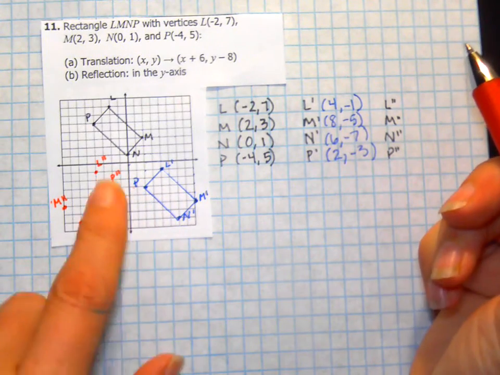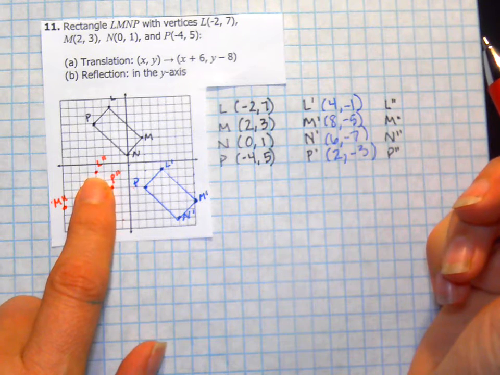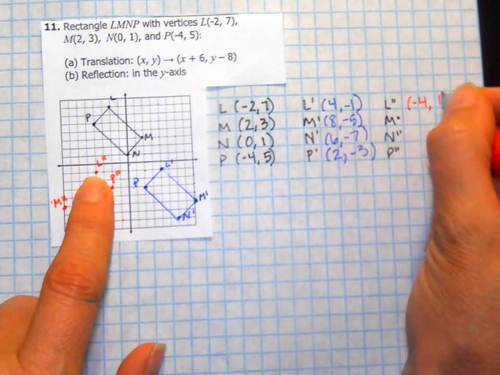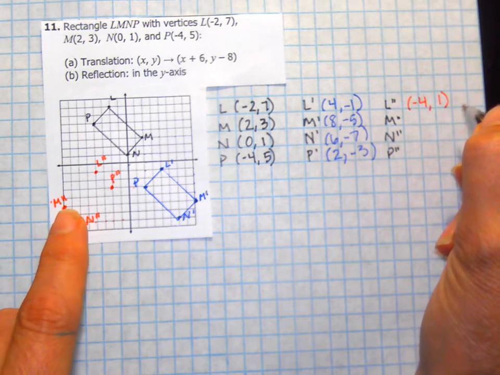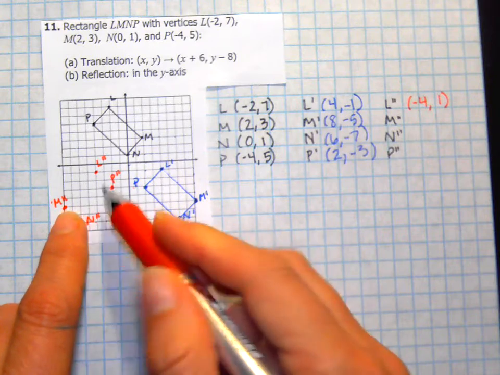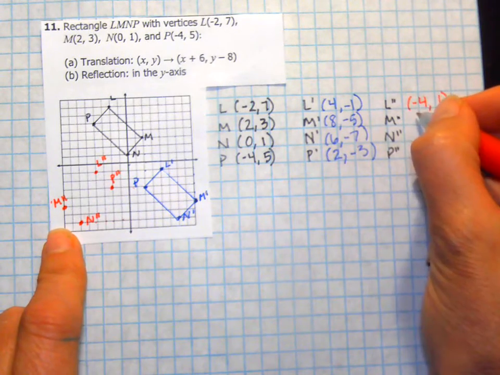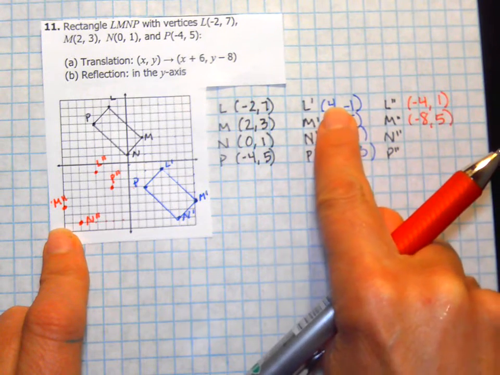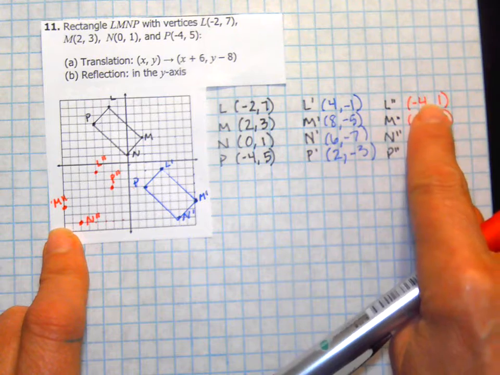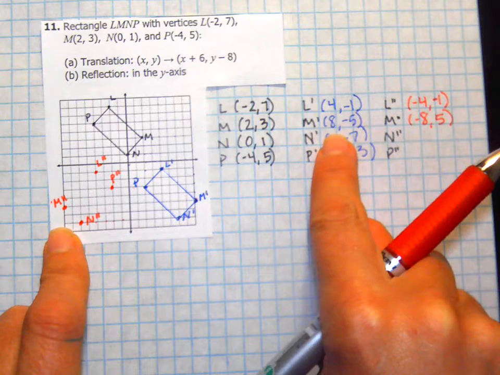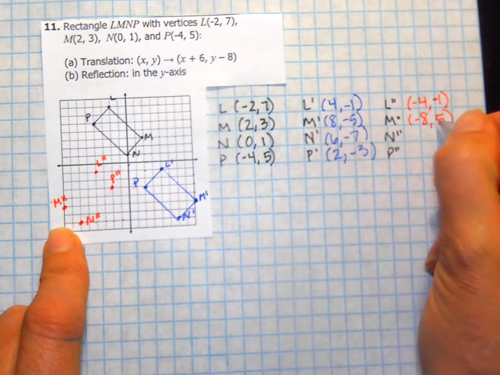So when I look at L, I went from 4, negative 1 to negative 4, negative 1. M was at 8, negative 5. Now I'm at negative 8, negative 5.